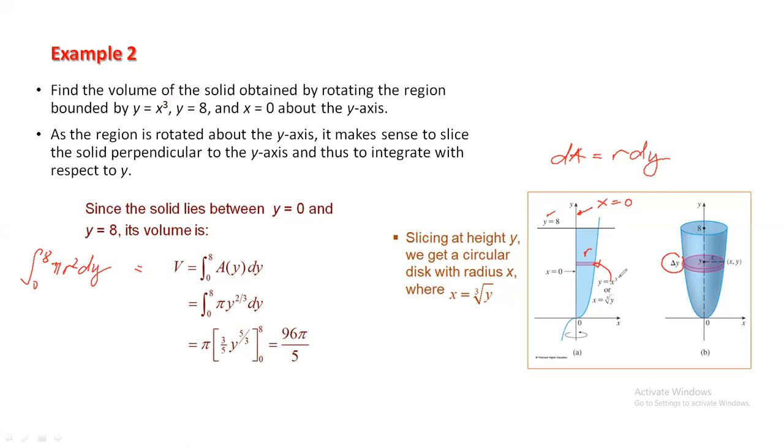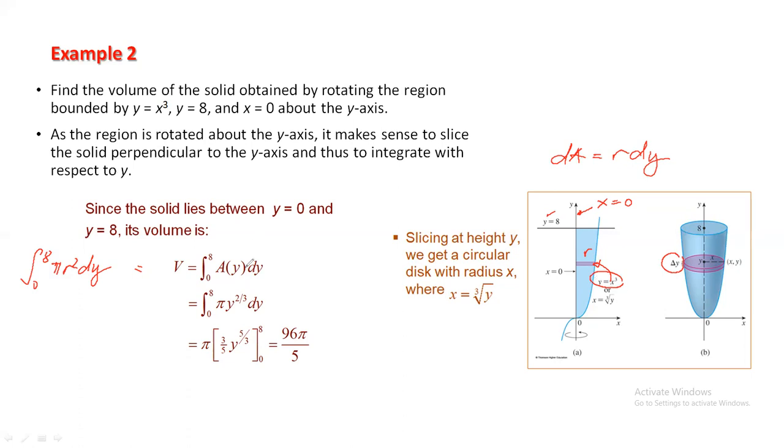Since your curve is written in terms of x, there's a need for you to rewrite it so that it will be in terms of y. So x equal to the cube root of y should be your g of y, or your function of y expression.